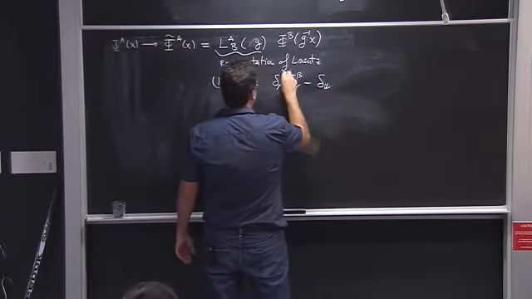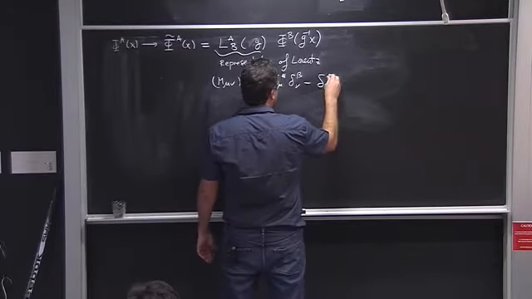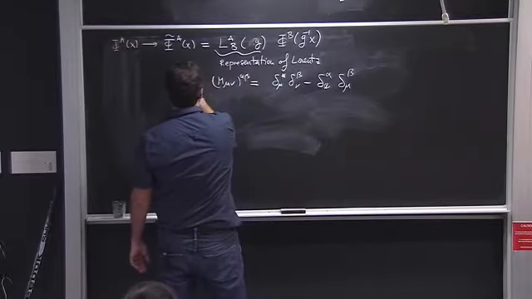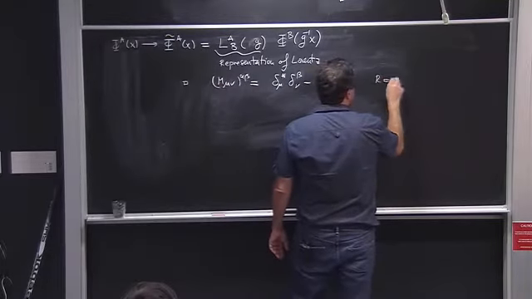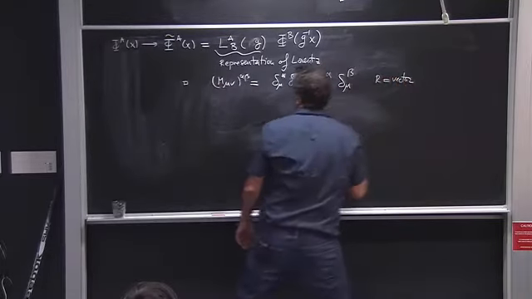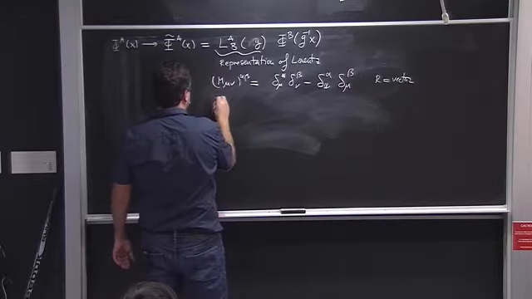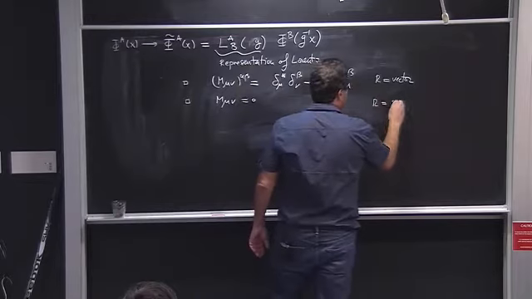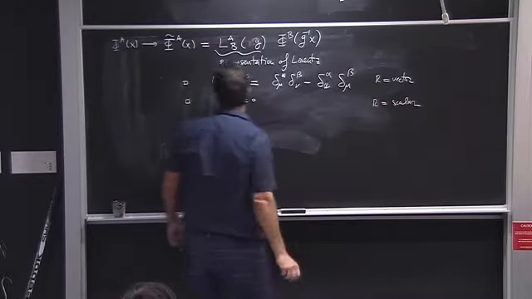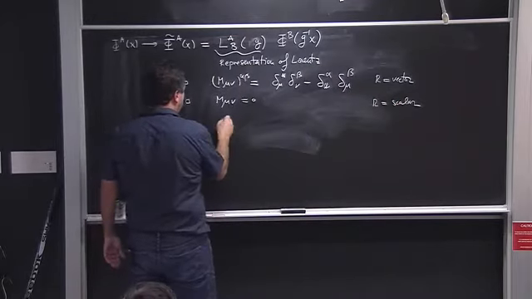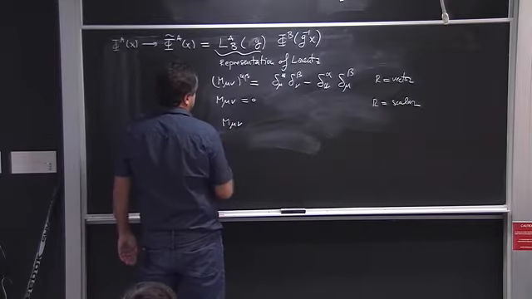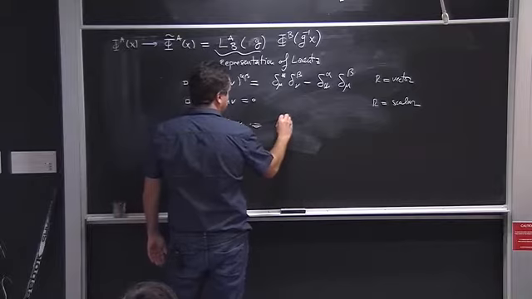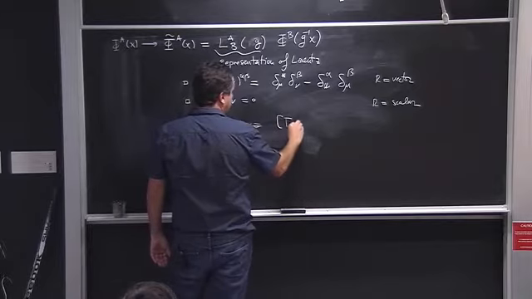This would be for the vector representation. For a scalar, it would be 0. And for a spinor, up to factors, it would be the commutator of the gamma matrices.